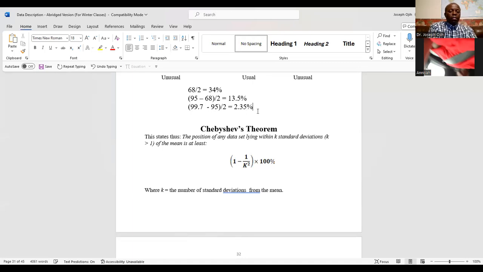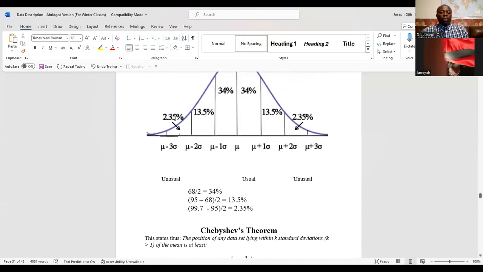You can see it on the chart, 2.35% on the left side and 2.35% on the right side. And that is for three standard deviations.